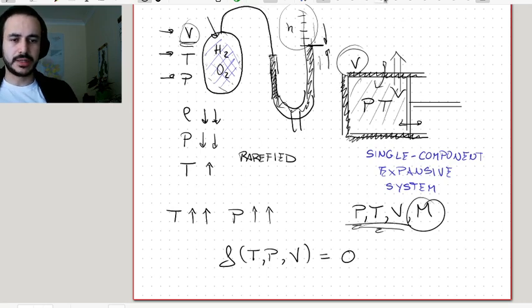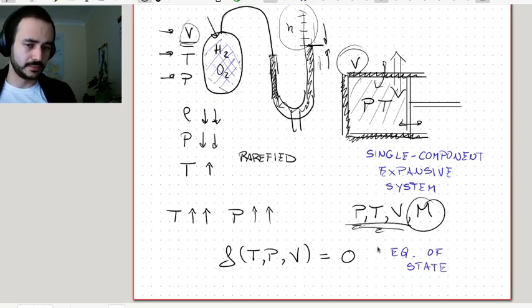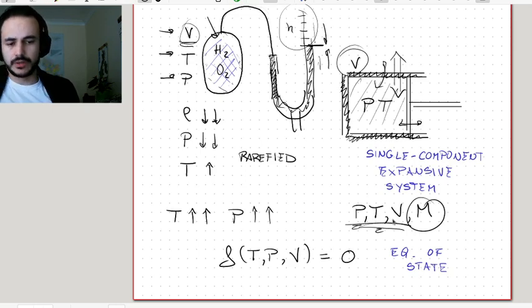And this kind of functional relationship between the thermodynamic variables that describe any physical system is called an equation of state. So in a simple system like this, with only three thermodynamic variables, there's only one equation of state.